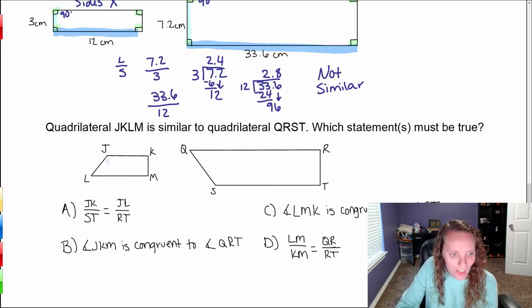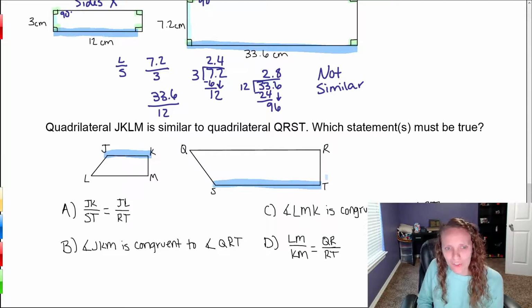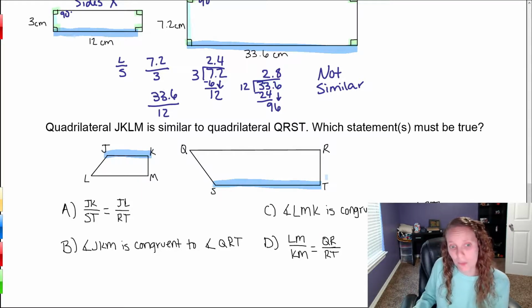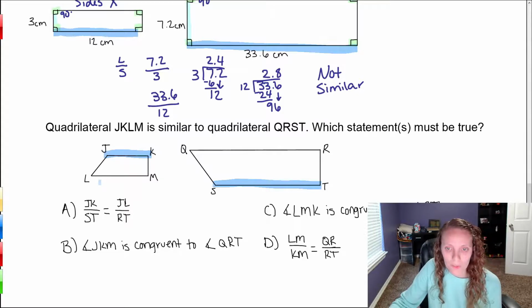So let's start highlighting JK and ST. Now if you notice, one's on top and one's on bottom. However, if you look at the quadrilaterals, it looks like it's flipped upside down. Like this corner Q looks like it would match this corner L. So we have to visualize how it is flipped upside down.